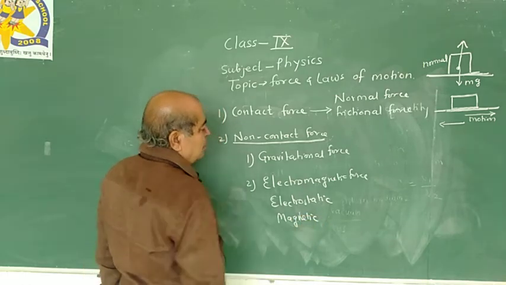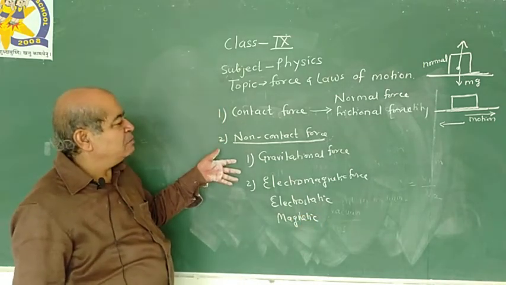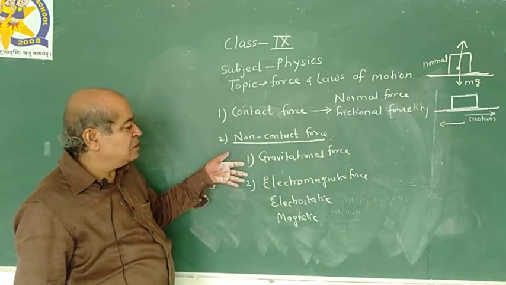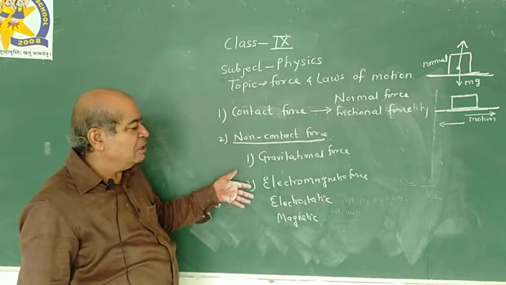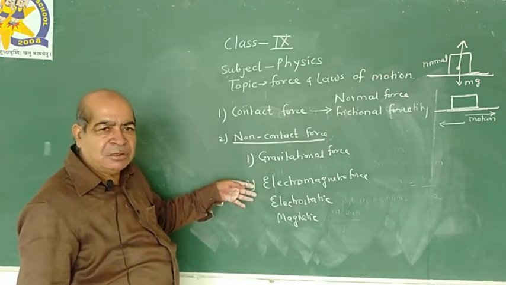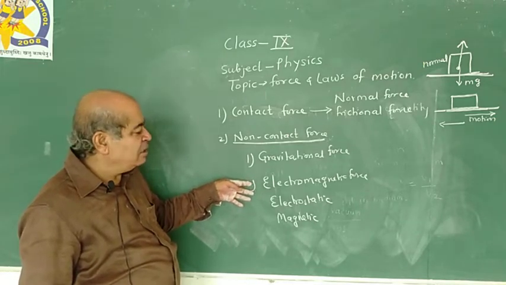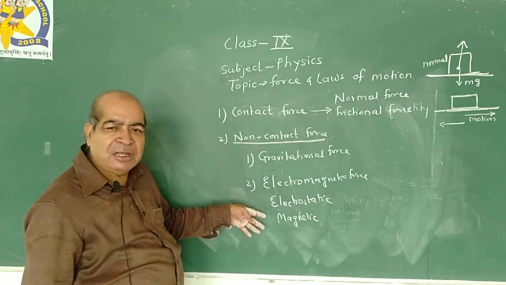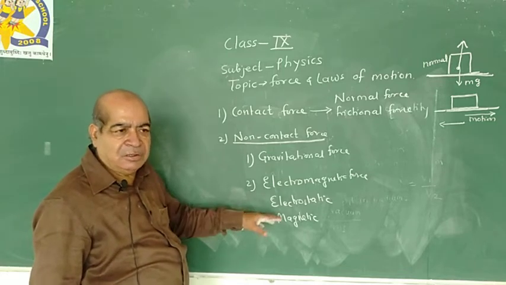There are two types of non-contact forces: one is gravitational force and the second is the electromagnetic force. Electromagnetic is the electrostatic force and magnetic force.